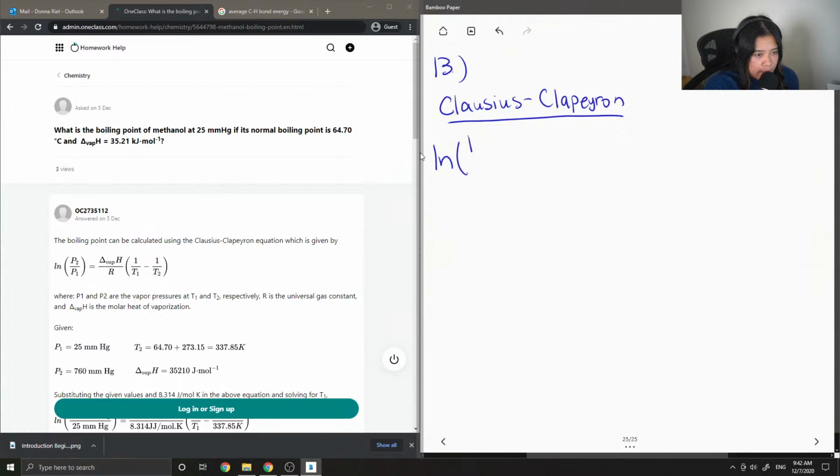Which states that the ln of your final pressure over your initial pressure is equal to delta H VAP divided by R times 1 over T1 minus 1 over T2.